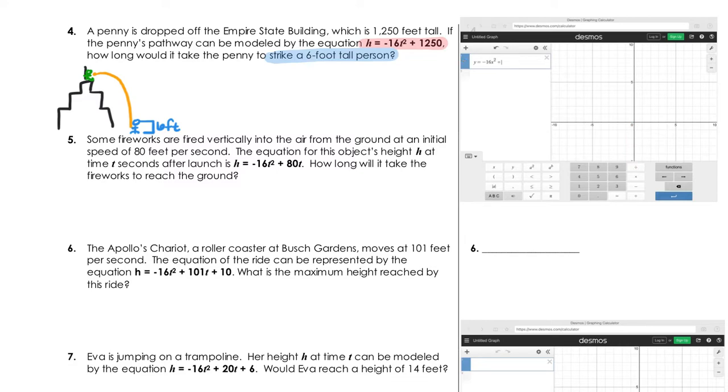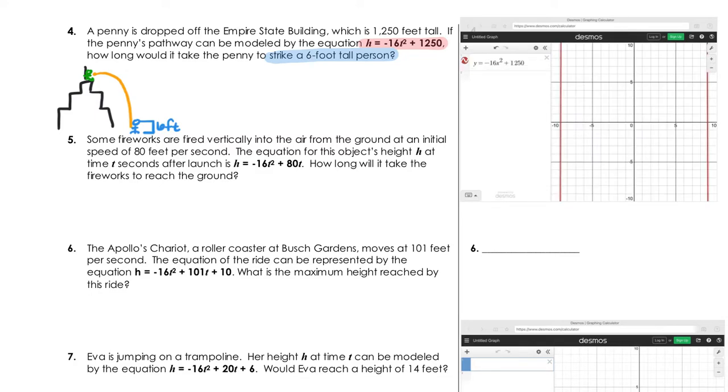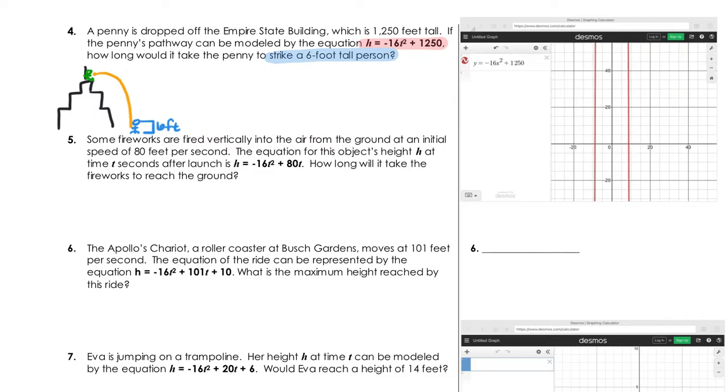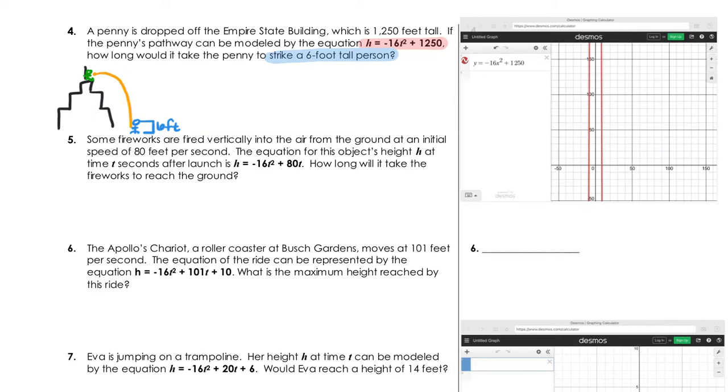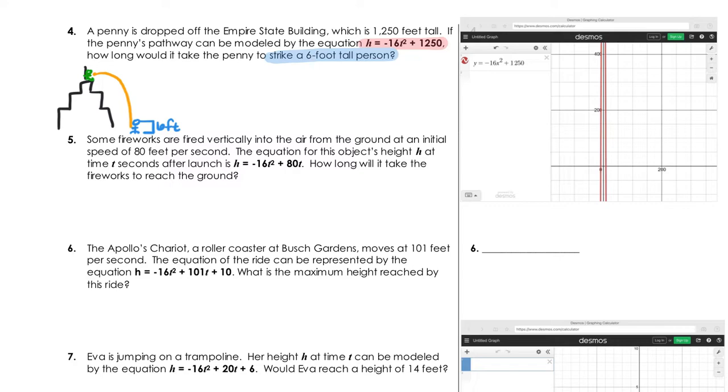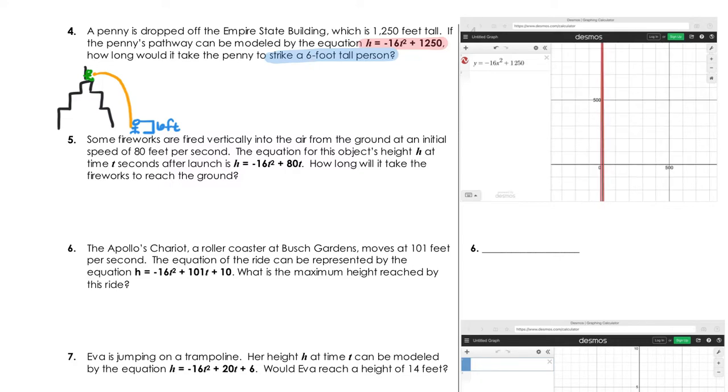Plus 125, 250. So here is the height and the path that this penny would have taken. Scrunch it down. It's going to be kind of tiny.